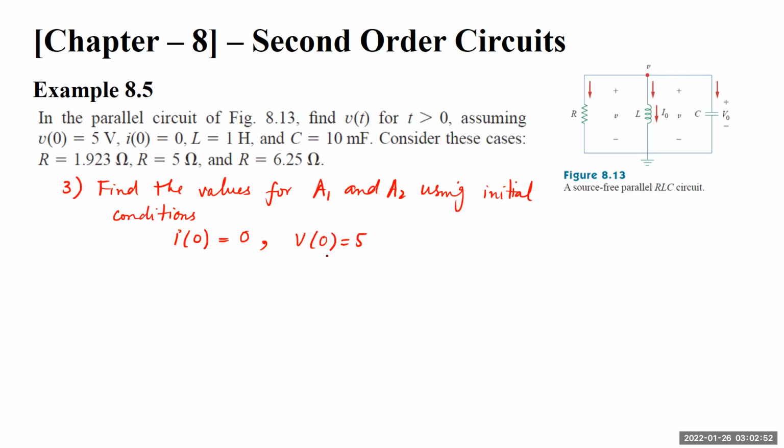In this case, we need v of t as e raised to the power minus 10t, times A1 plus A2 t, and we also need dv by dt at time 0.